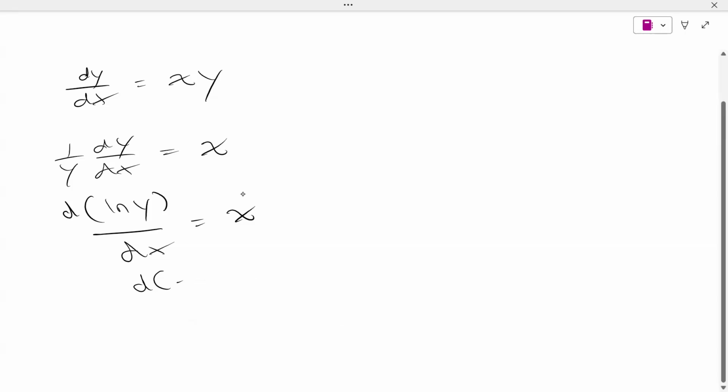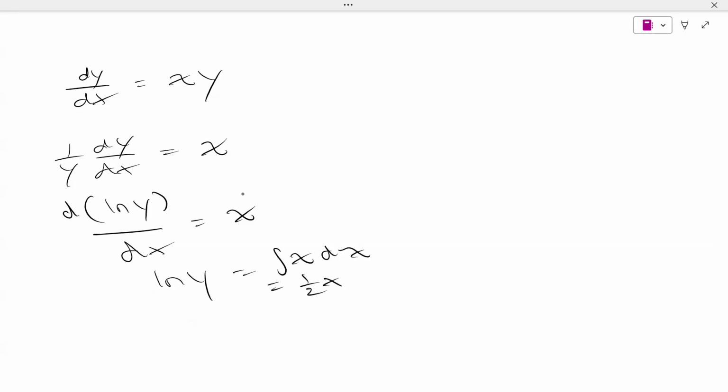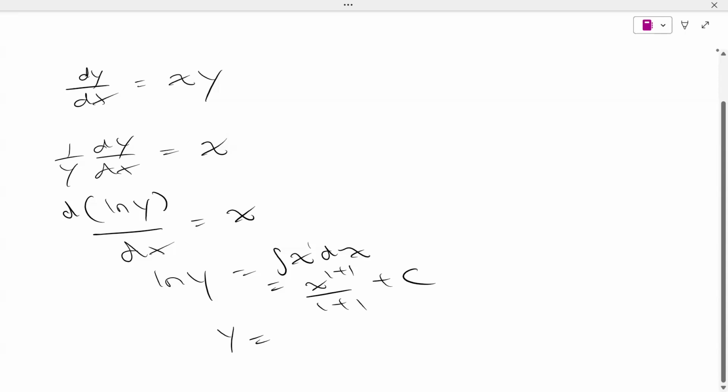So natural log of y is the integral of x dx, which is half x squared plus c. Or I can use the power rule: x to the power of 1, so x to the 1 plus 1 over 1 plus 1, plus c. So y is e to the half x squared plus c.